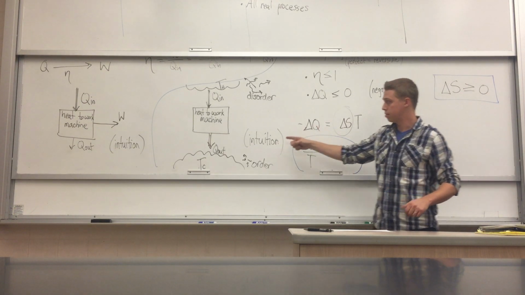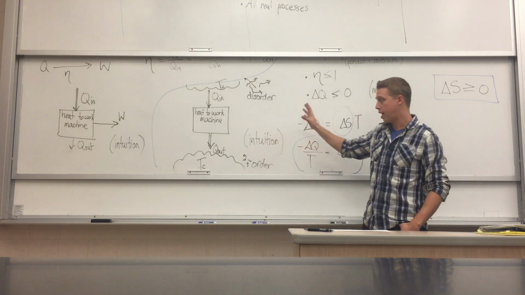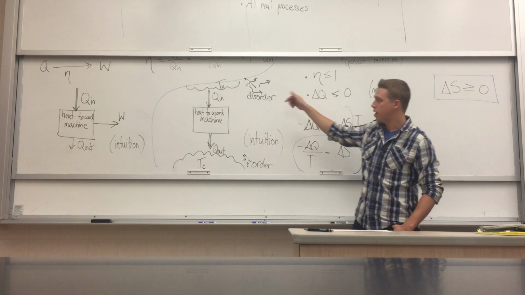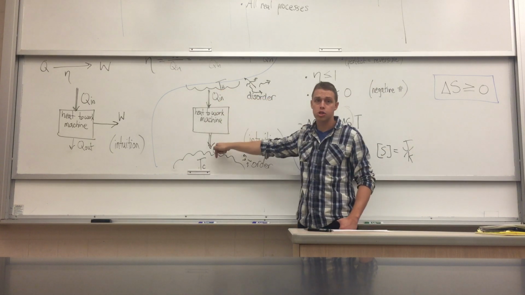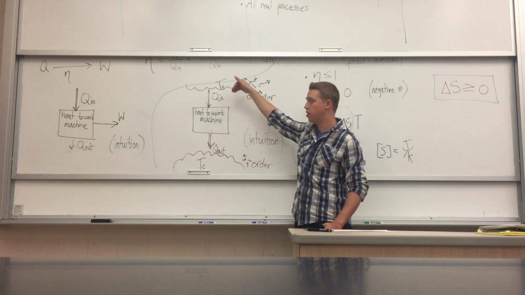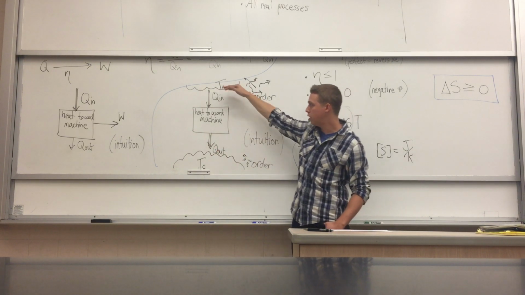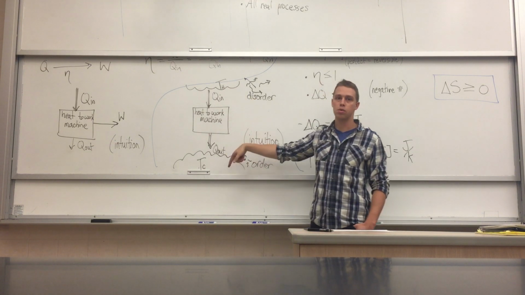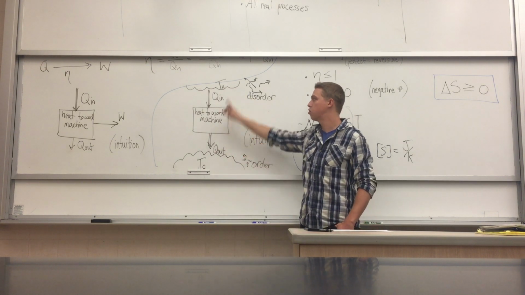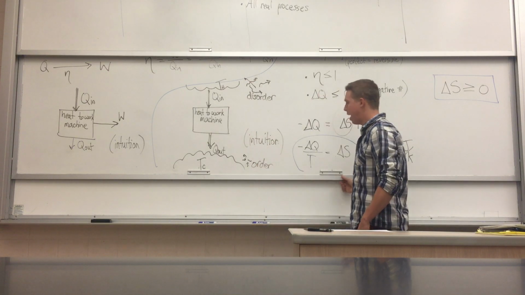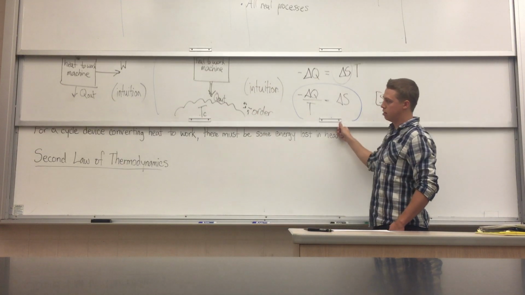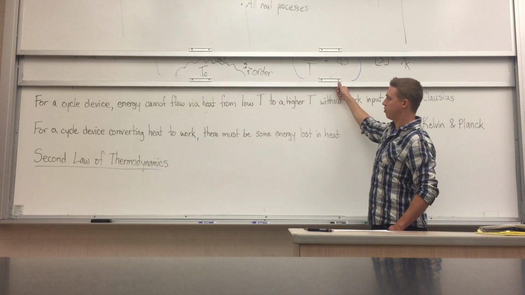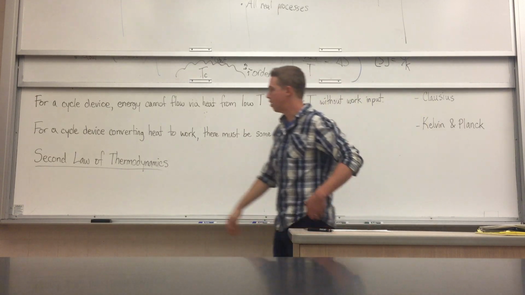It was right here. Our intuition said that if we were just going to have a machine that didn't have work associated with it, and all it did was a big pipe to suck heat from one side to the other, then it had to go from hot to cold. It couldn't on its own go from cold to hot. That is another way of saying the second law of thermodynamics. Check this out.